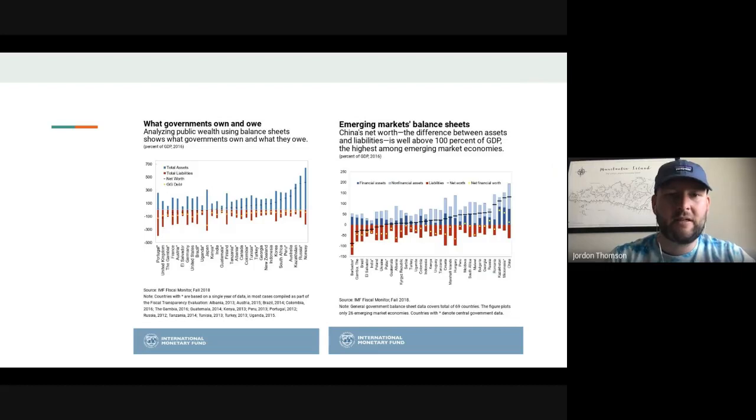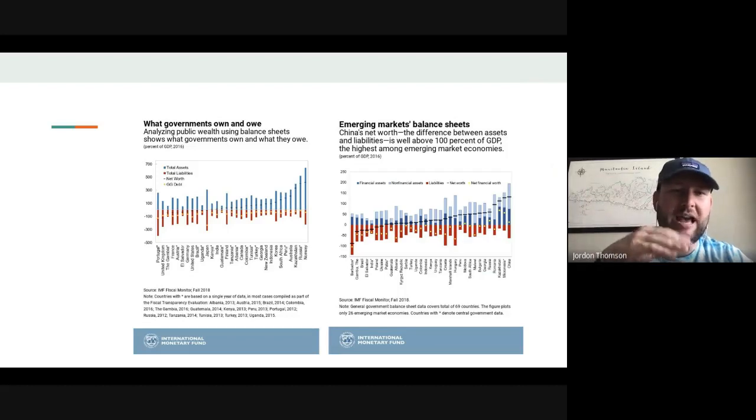Okay. So you can see here, and these are kind of dated statistics, but just a GDP, so your gross domestic product, so your national wealth. You can see that what these different countries kind of portray here is the blue is your assets, your money, right? What you have. Okay.